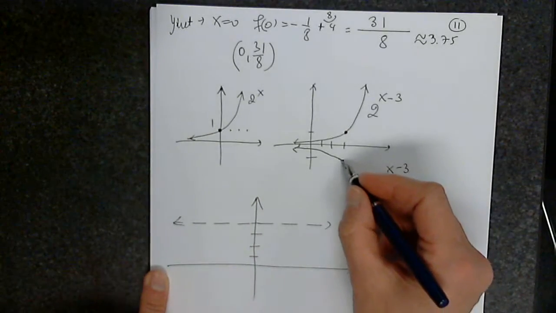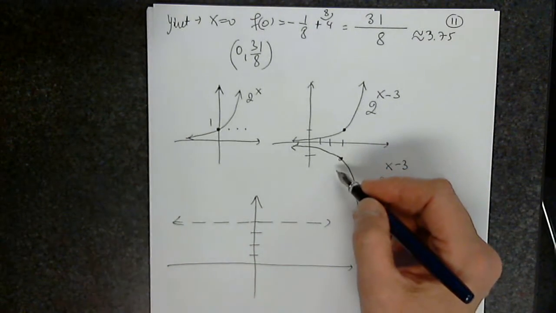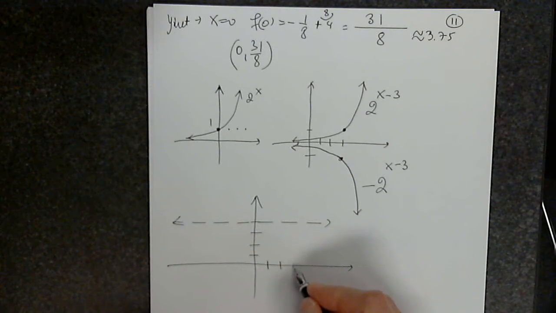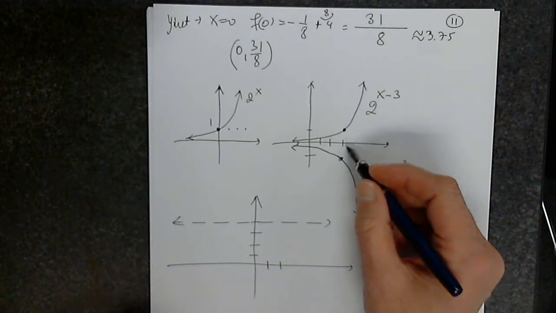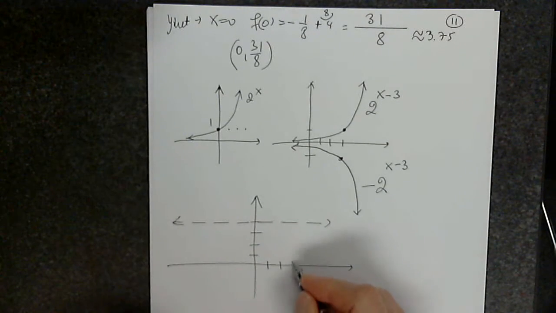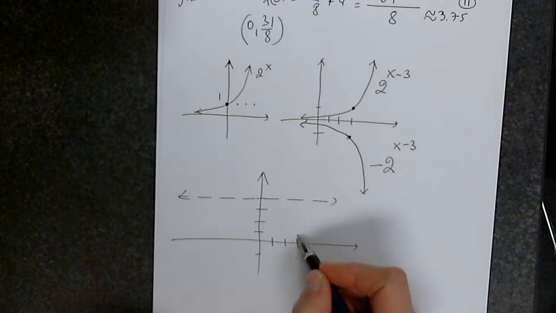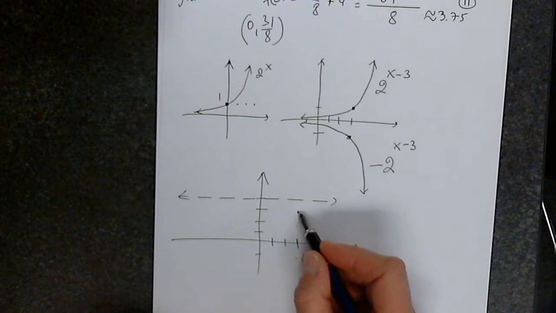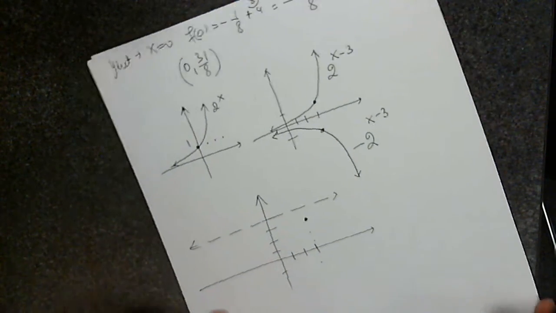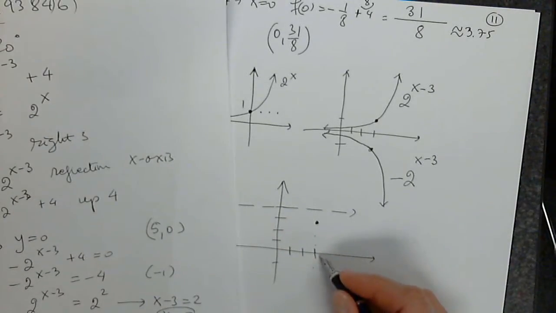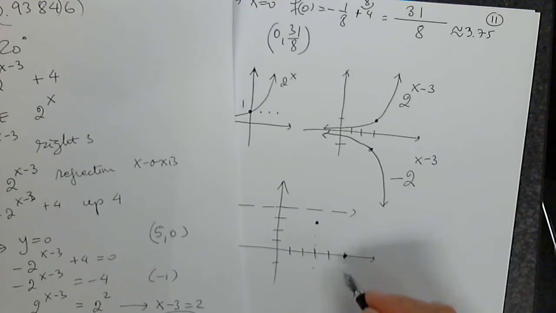So now this point, which is at (4, 1), moves up 4. It's not at (4, 1), it's at (3, -1), forgive me. So (3, -1) from here, 1, 2, 3, 4. Now I know that it crosses at (5, 0), so 3, 4, 5.